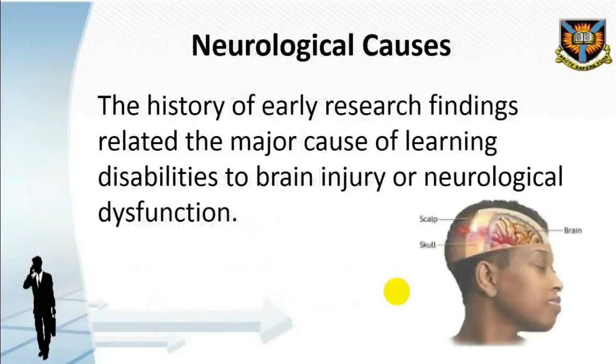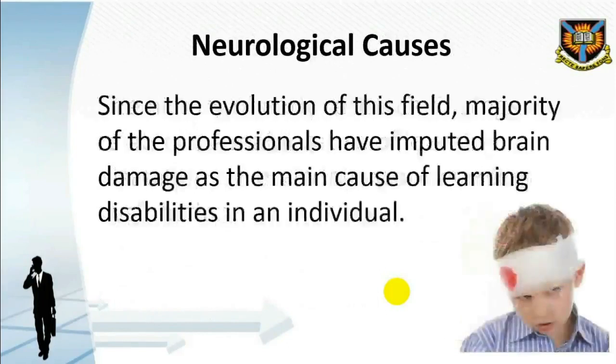1. Neurological causes. The history of early research findings related the major causes of learning disabilities to brain injury or neurological dysfunction. Since the evolution of this field, majority of the professionals have imputed brain damage as the main cause of learning disabilities in an individual.